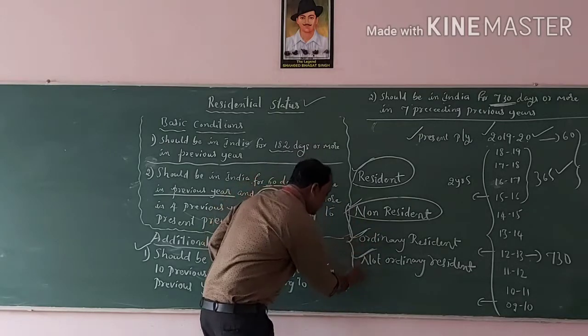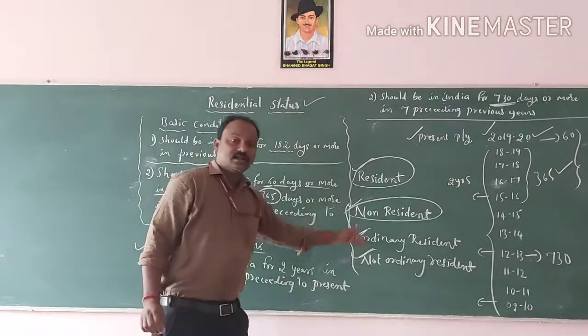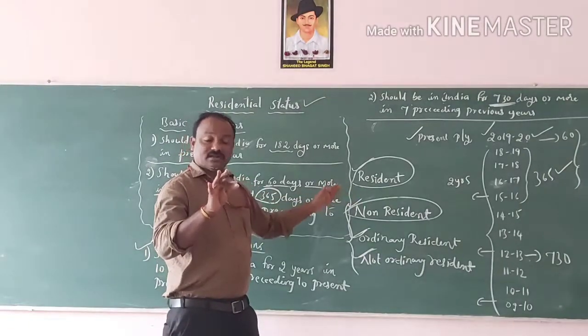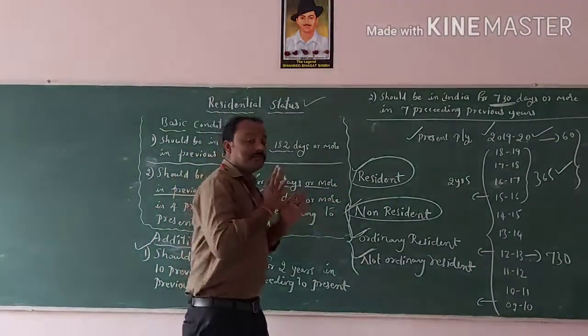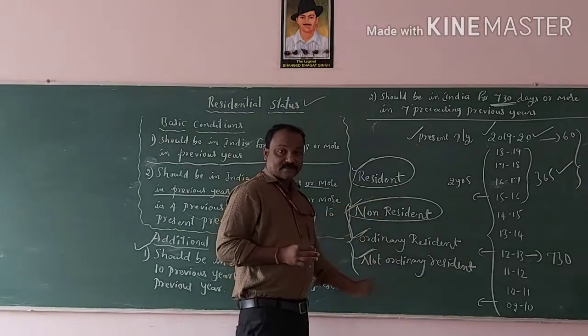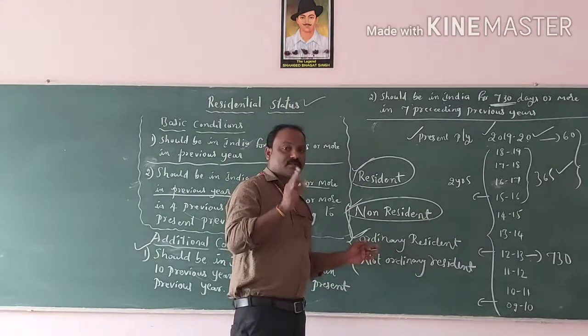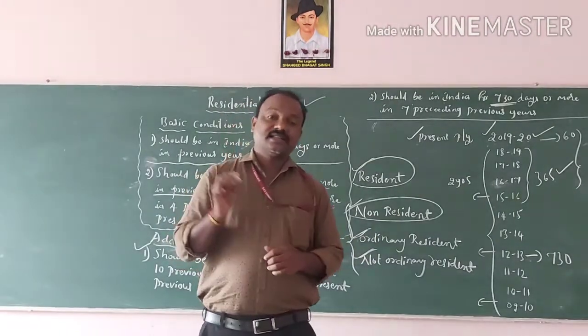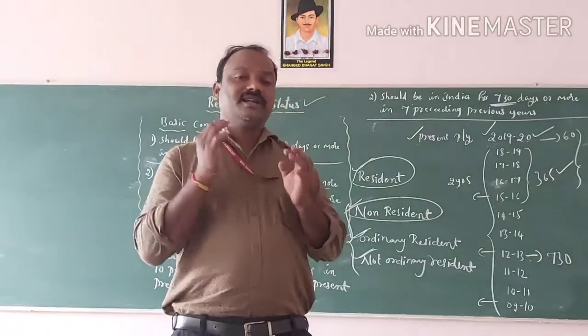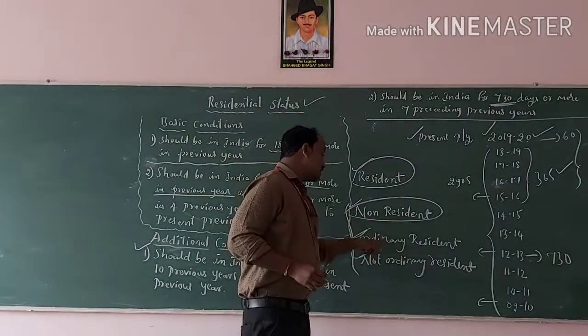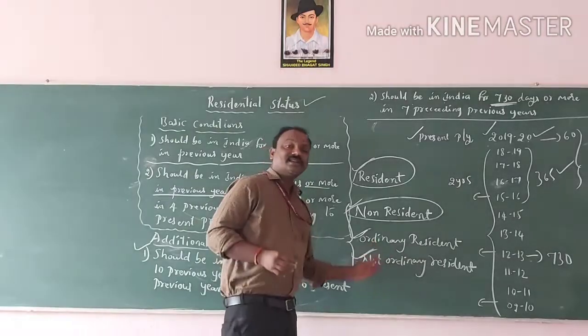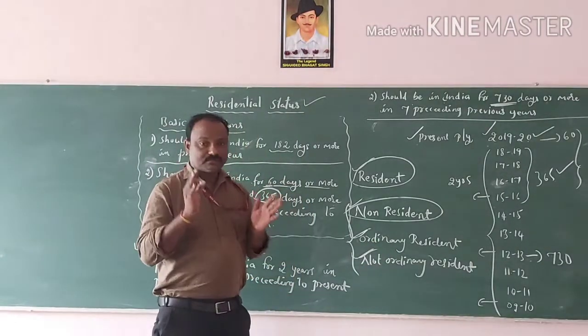In these three cases, tax will be imposed on the basis of their residential status. How tax is going to be imposed on non-resident, ordinary resident, and non-ordinary resident, we will come to know in subsequent classes.